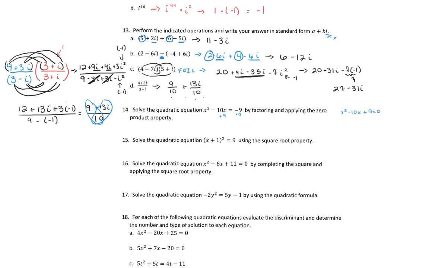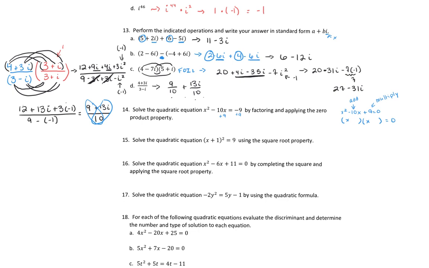So now we want to factor this to where we have two terms equal to 0 with an x in there. So the idea is you want to find two numbers that multiply to this last number, but those same numbers have to add to this number here. Correct?